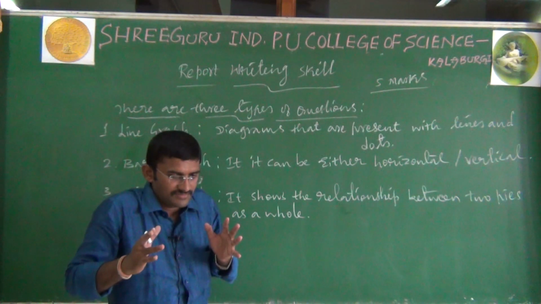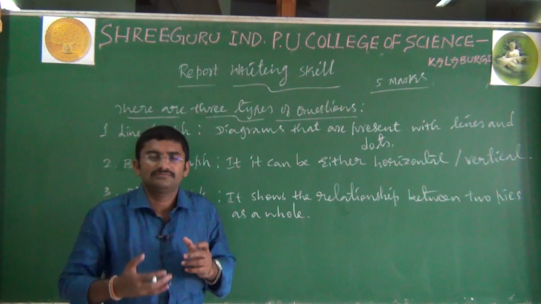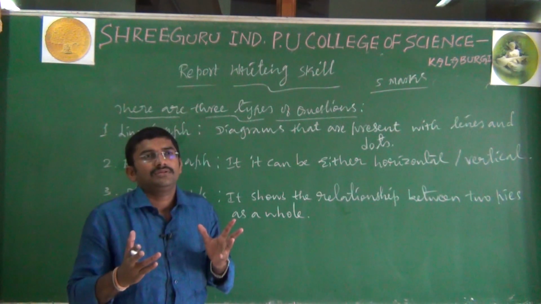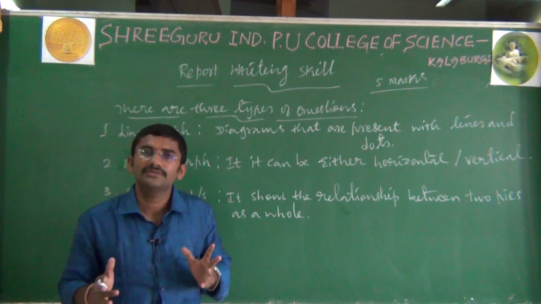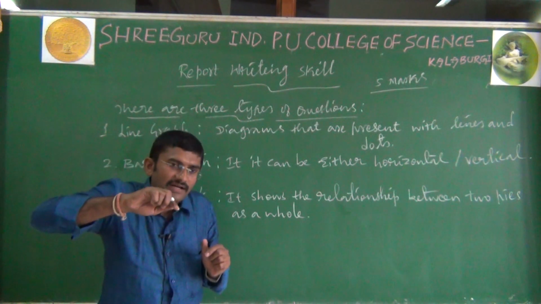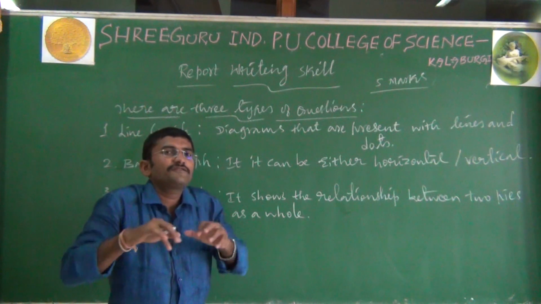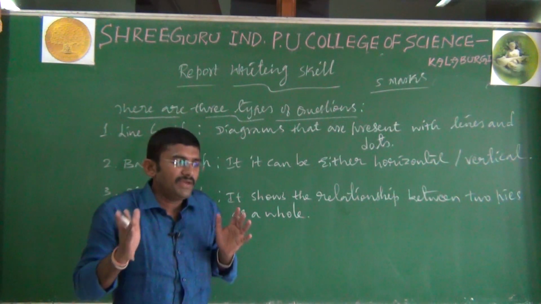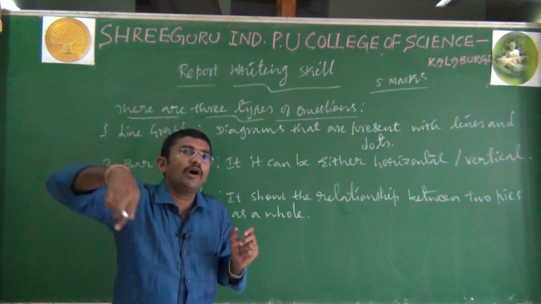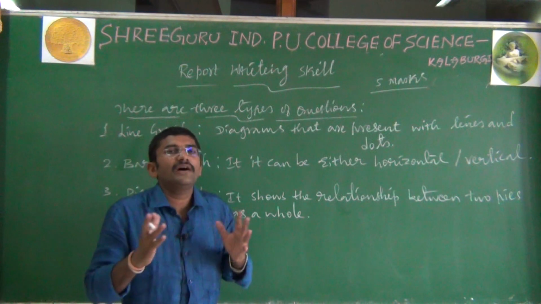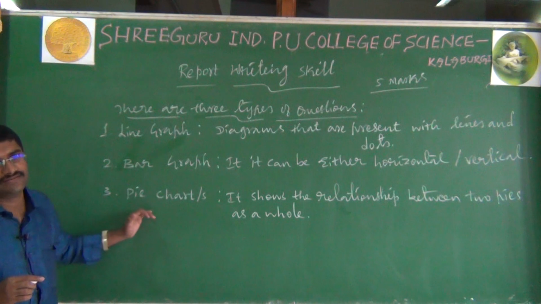For example, the food production in our country in millions of tons every year is divided or sliced into different states or areas based on the population, the demographic picture. In the same way, we find it in the pie charts.